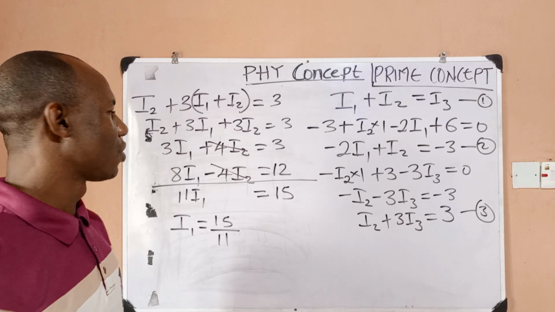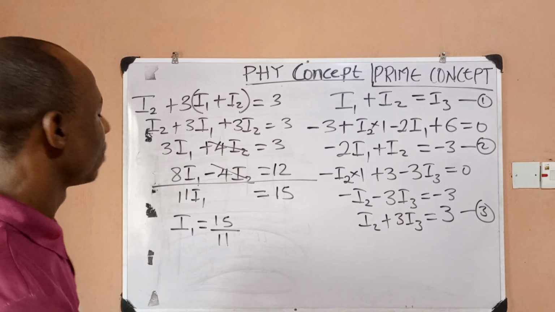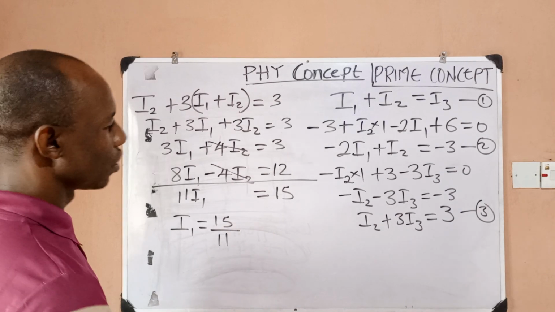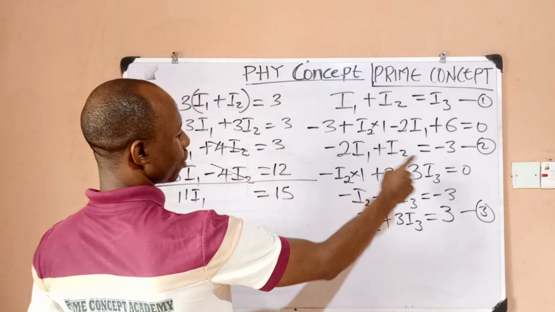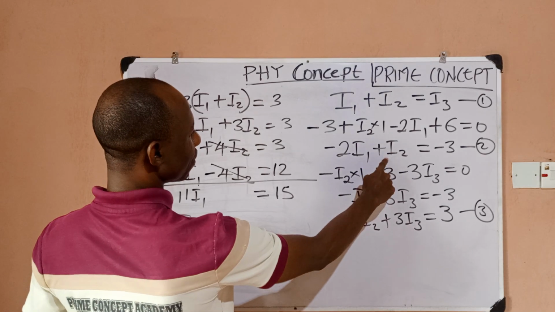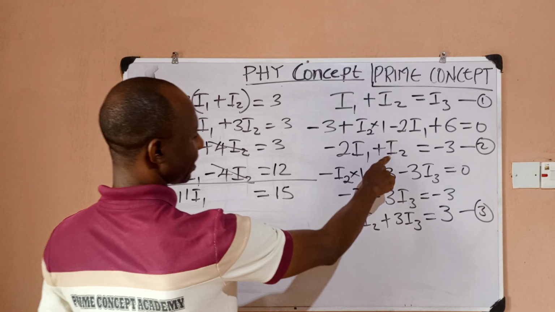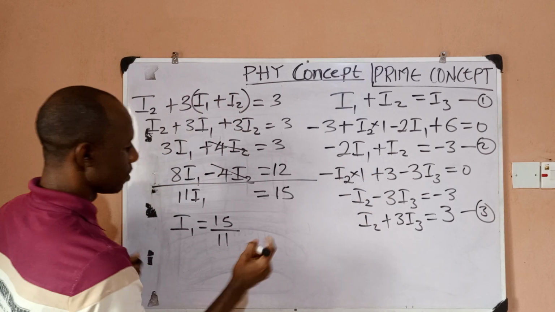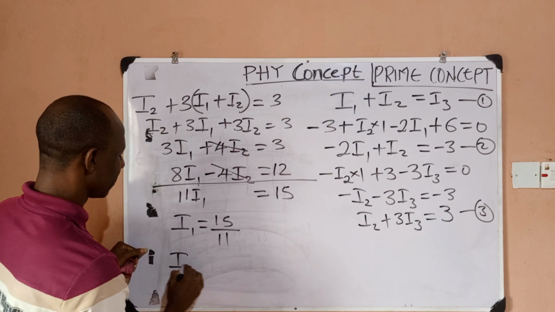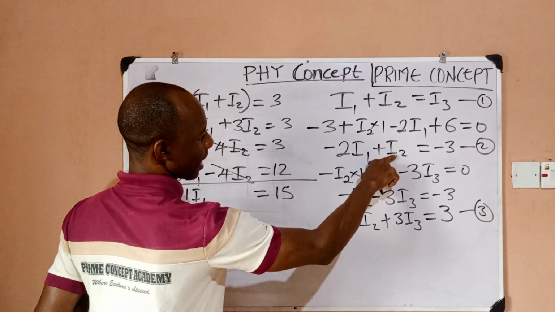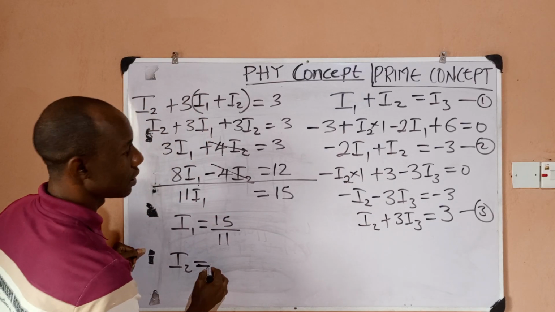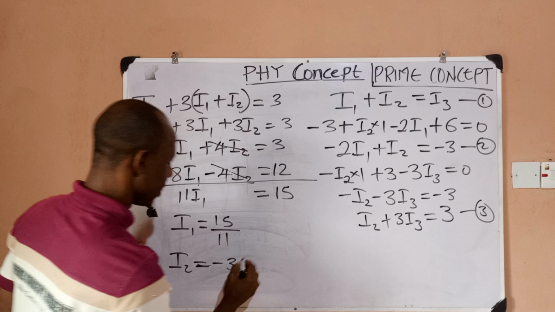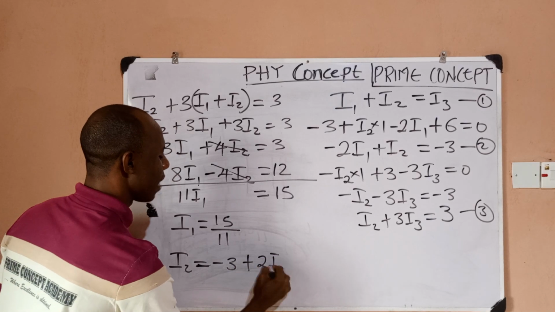The next thing I want to do is to get the value for I2 and then I3. To get my I2, I'm going straight to equation 2, which is this. So to get my I2, what am I going to do? I'm going to make I2 the subject there. I2 from this is going to be negative 3, which is this. Then when this one crosses, it becomes plus 2I1, right?